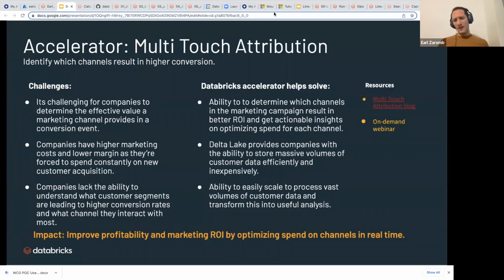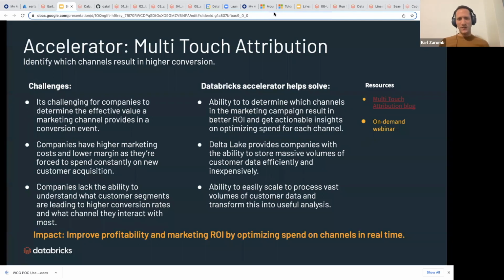You may get something on Instagram or Facebook. You may see a billboard. You may get a TV ad. And there's all kinds of events, advertising events or communication events that are occurring while you're in this customer journey before you actually convert or become acquired. And so this ability to assign credit is a fairly complex type of problem. But this is kind of what they're trying to do.